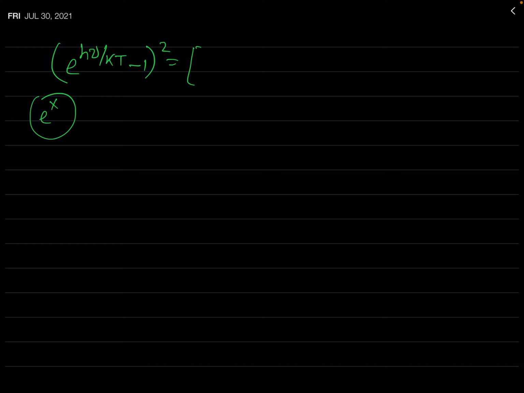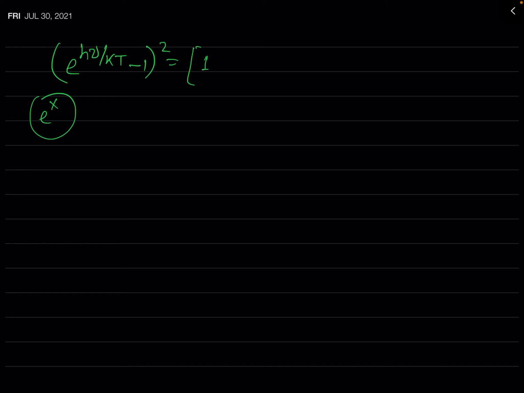So let us use the expansion formula for e to the power x to get the value of this expression. You know e to the power x is simply 1 plus x plus x square over factorial 2 plus x cube over factorial 3 and so on. Here in place of x is h nu by kT.